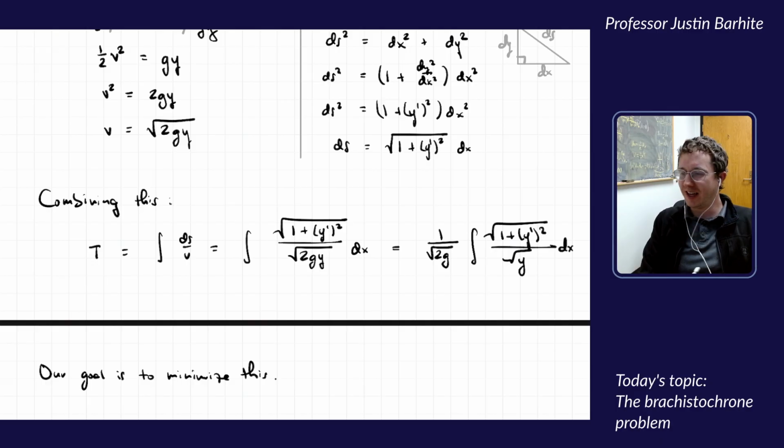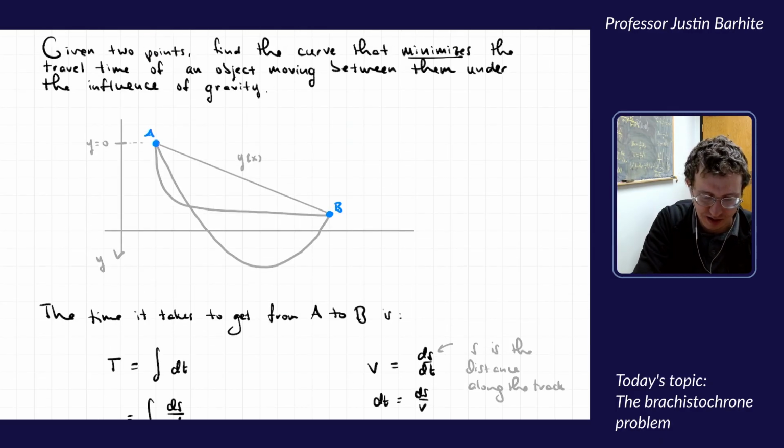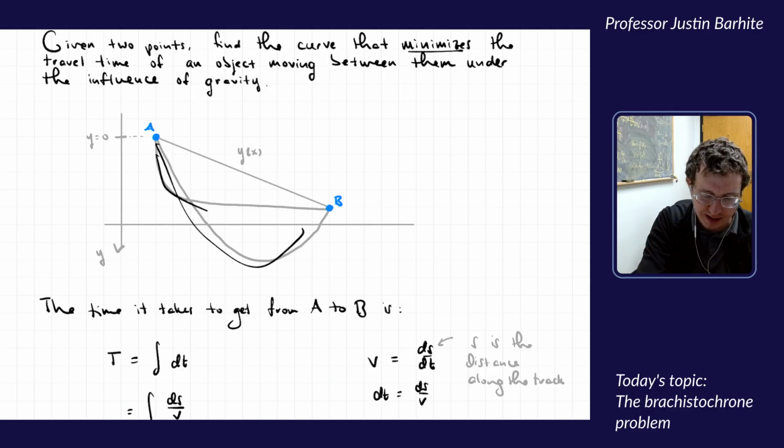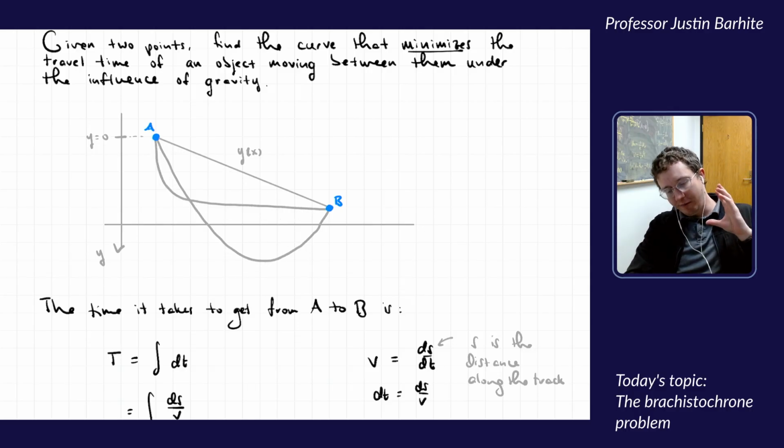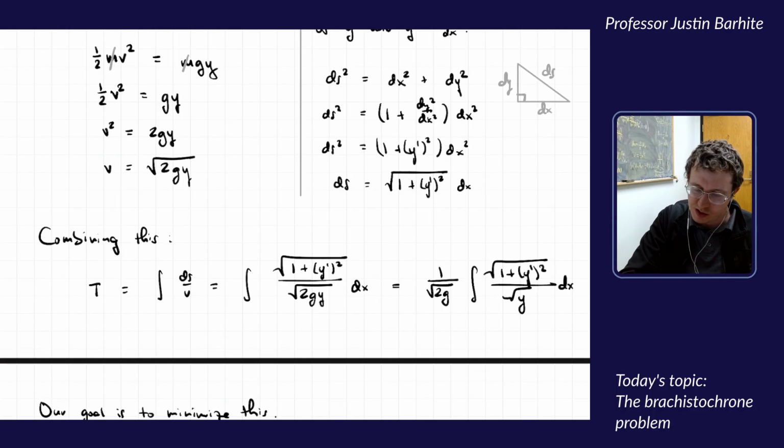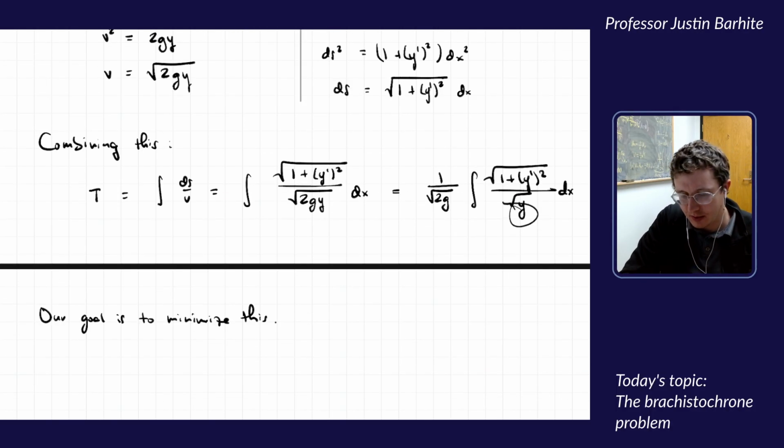We are trying to decide on an entire function. Right? We don't know what this y of x is going to be. We are trying to find a whole function which goes into this integral, both the function itself, y, and its derivative y prime, and we're trying to minimize that integral.